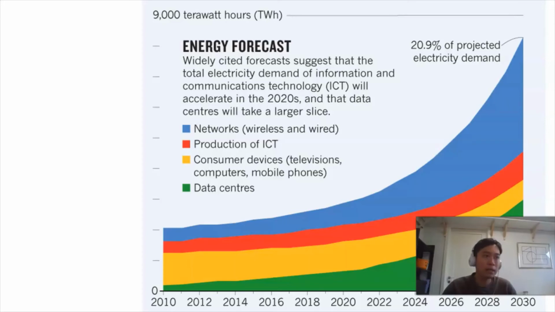And as I mentioned, how IT artifacts, how products are produced and managed, is represented by the red areas in the chart.